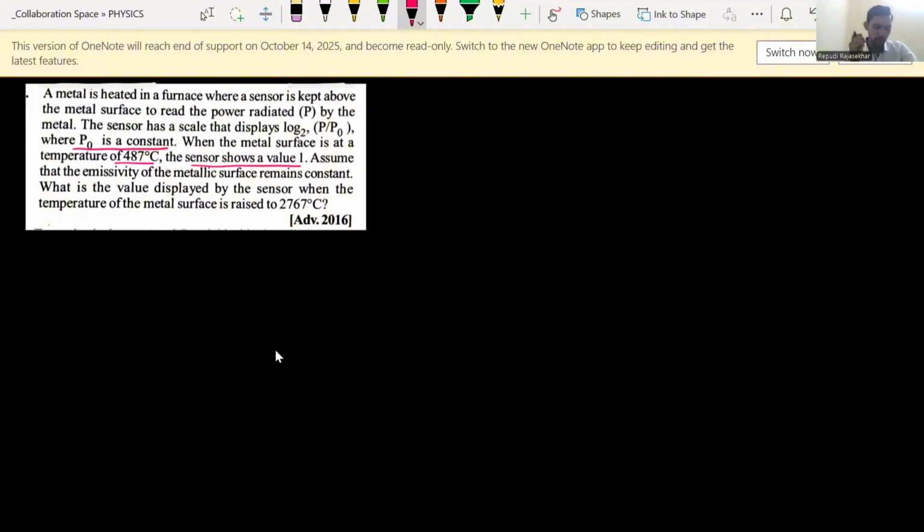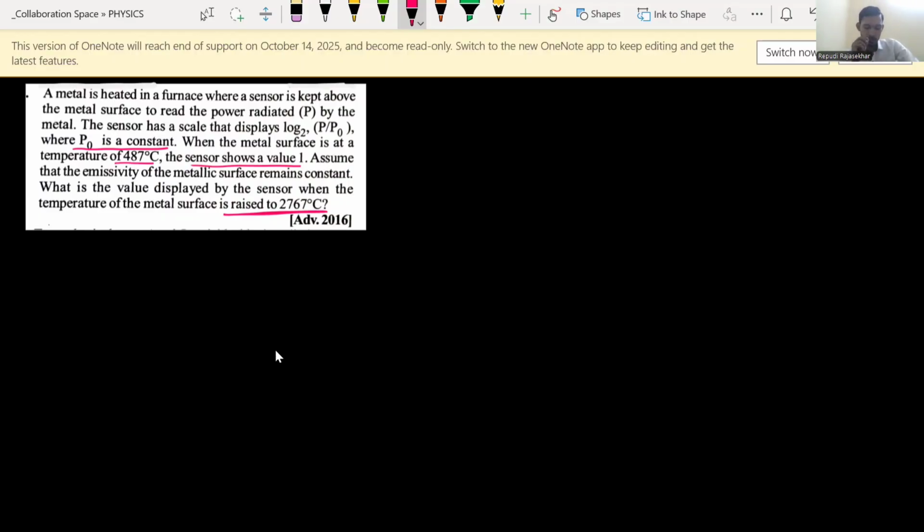What is the value displayed by the sensor when the temperature of the metal surface is raised to 2767 degrees centigrade?